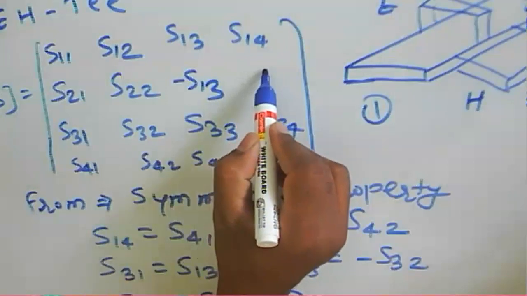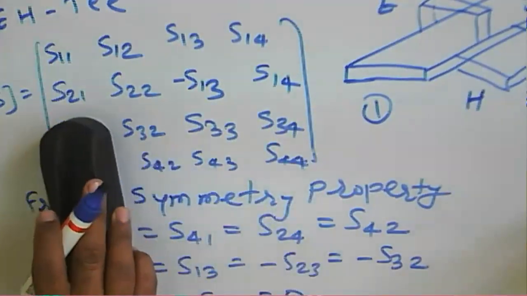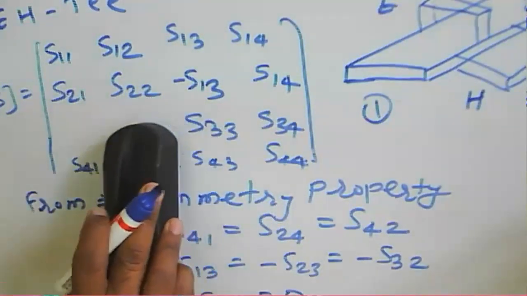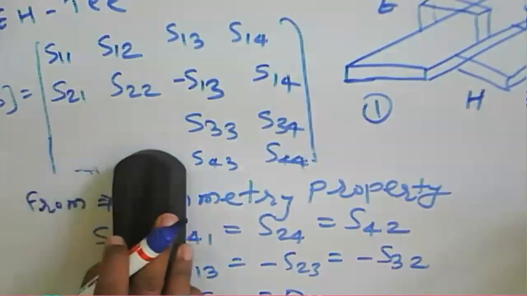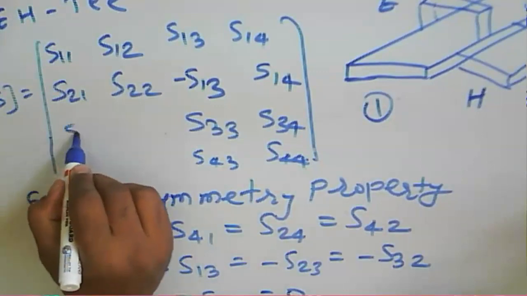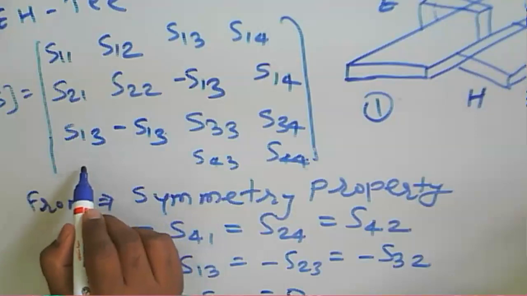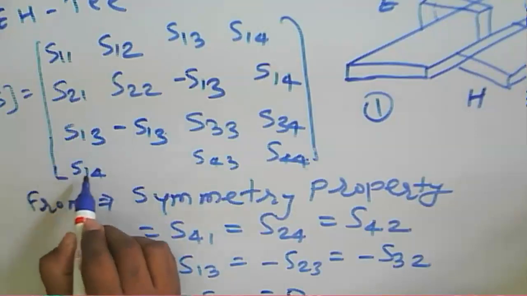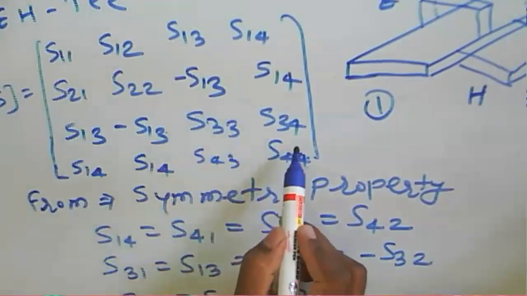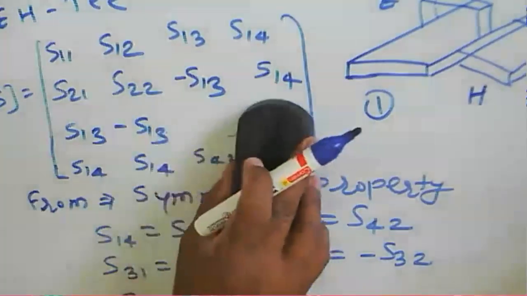Then we'll write S13 and S14, and this is the minus S13. Then S14 and S1. Then all these terms we say are perfectly matched and perfectly isolated.